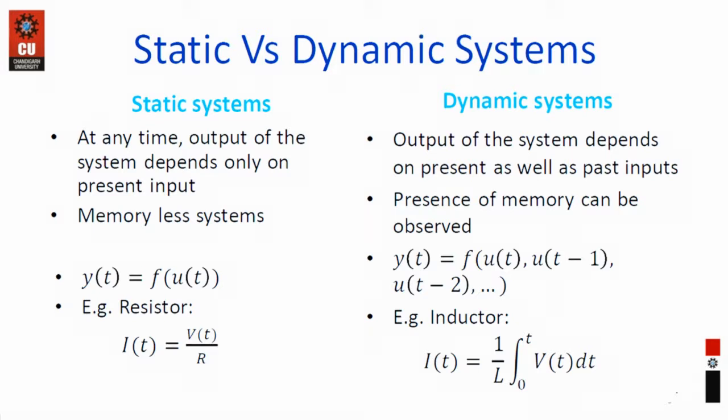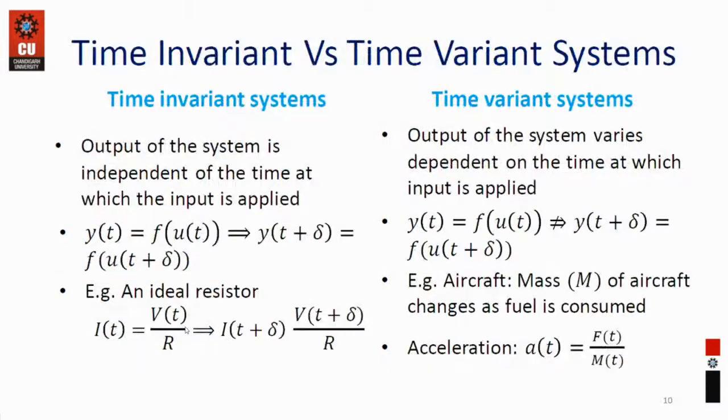If you are using the previous value, what do you require? You require memory. A present system depends upon the present input only. But if it considers the previous value, what do you require? Memory. So dynamic systems do require some memory, right? I hope the static and dynamic are clear.